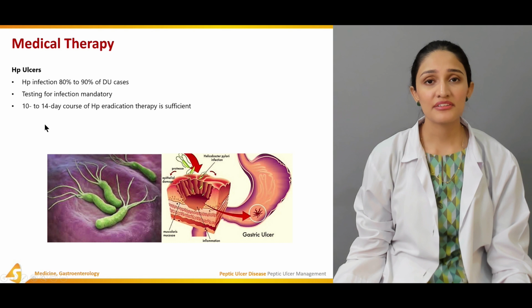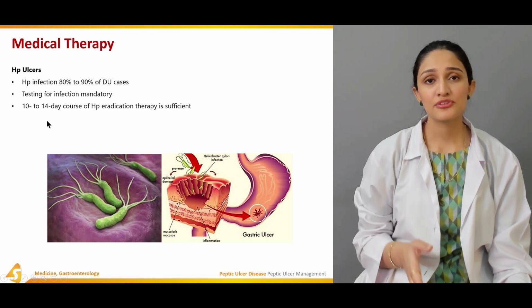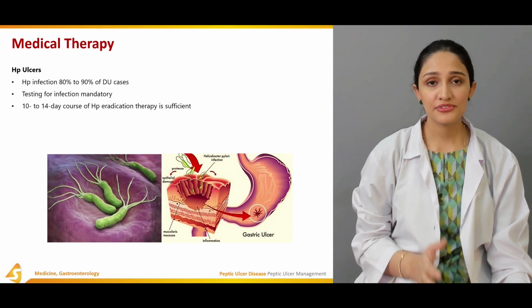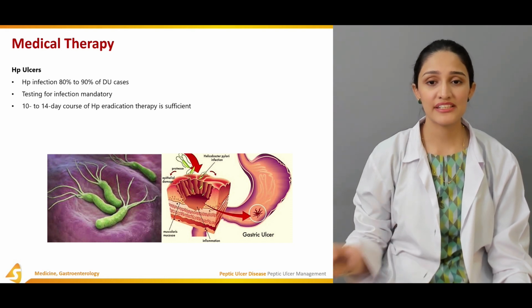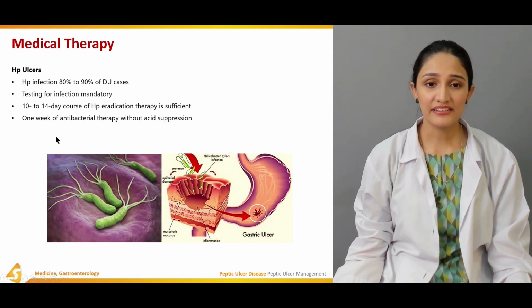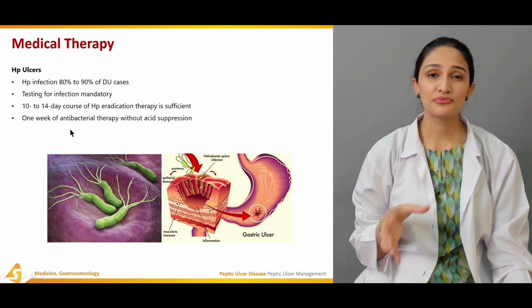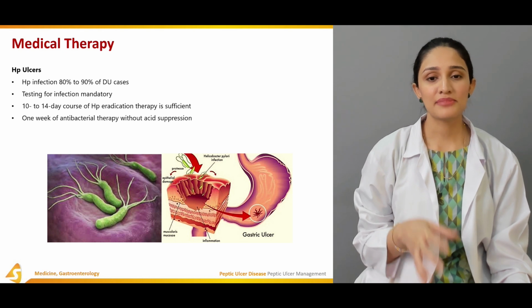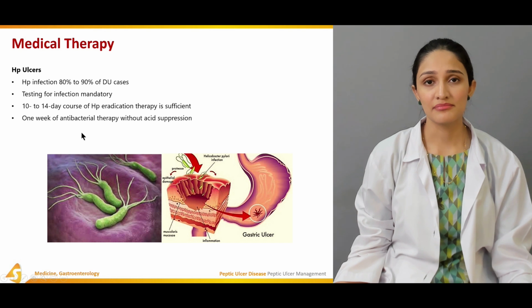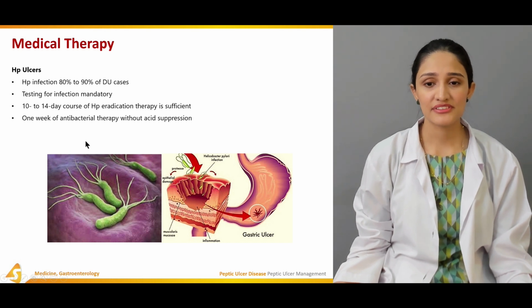And the therapy that is given, the Helicobacter pylori eradication therapy, is usually given for around 10 to 14 days, which is around 2 weeks of this treatment. And there's also 1 week of antibacterial therapy without the acid suppression, which is also advised for these patients.